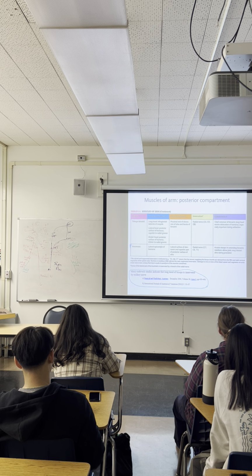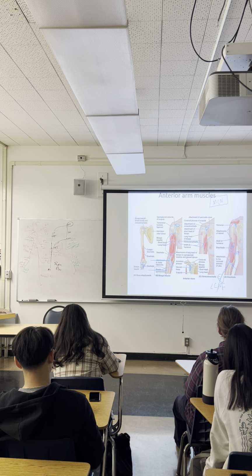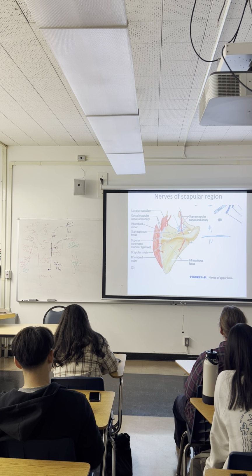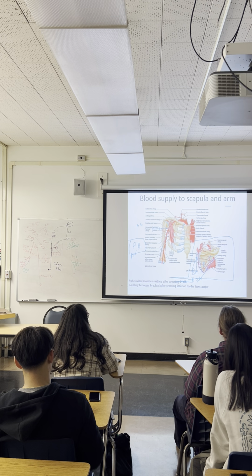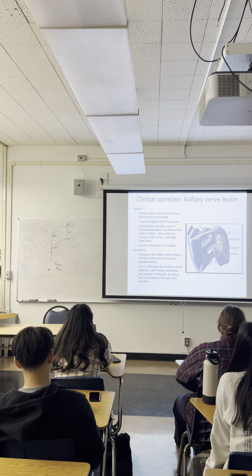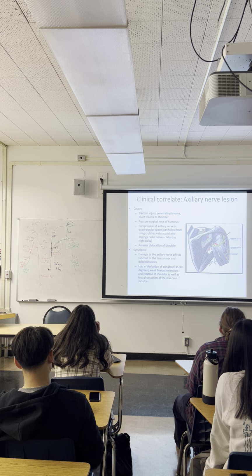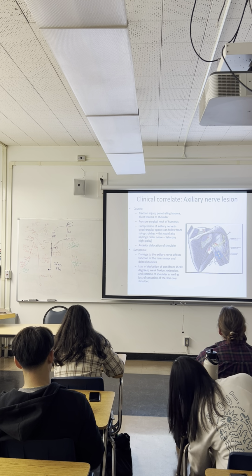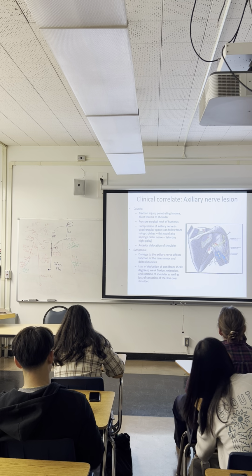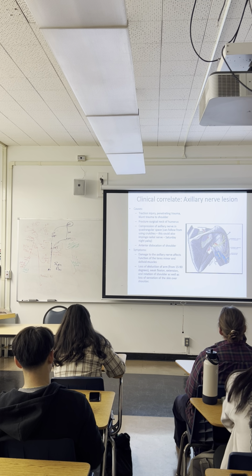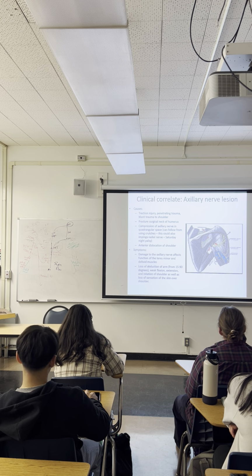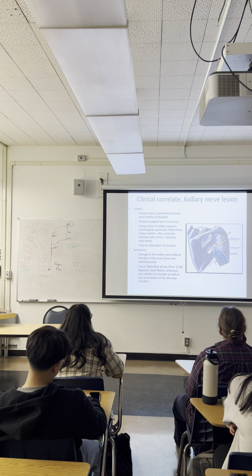And if you wanted to see it, one good place to see those two structures is in the lower triangular interval, right there, between the long head and the lateral head of triceps. You see the long head and lateral head of triceps there? Pull them apart gently, look in there, you'll see radial nerve and profunda brachii artery.